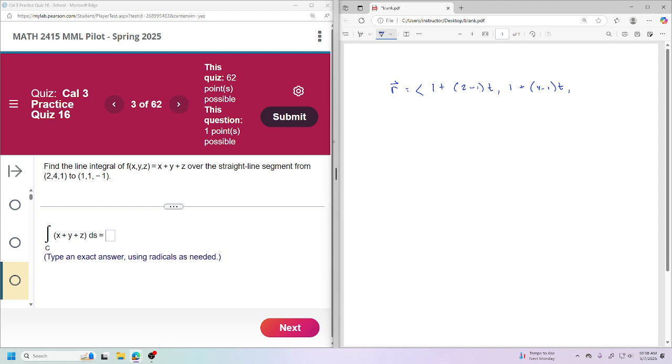Then I got a negative 1. And then terminal minus initial. Wouldn't that be like 2 negatives make a positive, basically? Am I correct there? I think so. So 1 plus t, 1 plus 3t, and then negative 1 plus 2t.